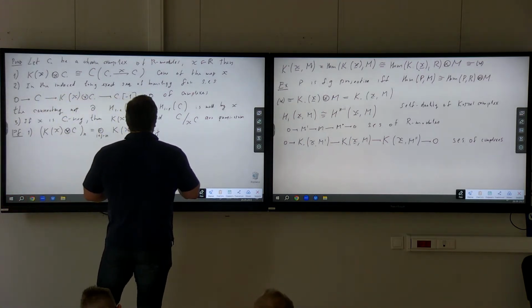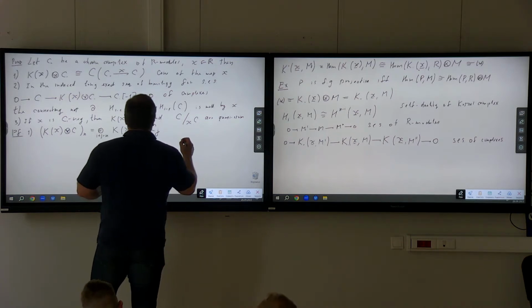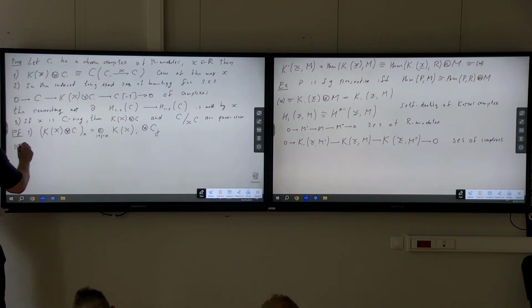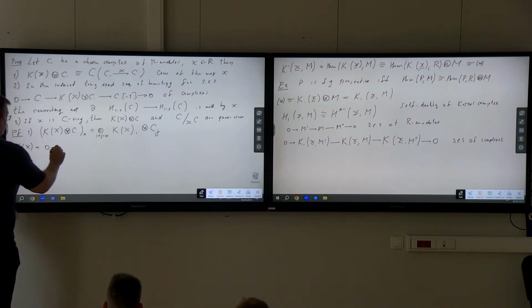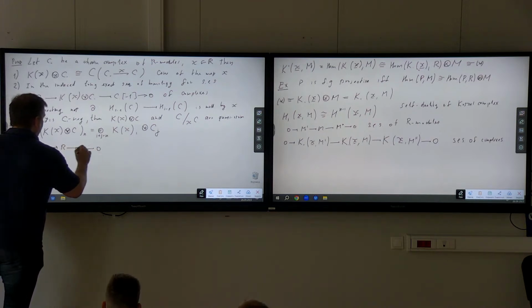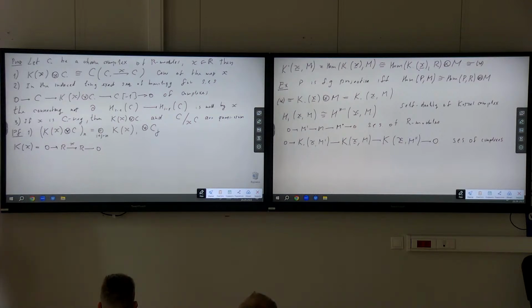But here we can notice that if we write this Koszul complex for one element, it is a very simple complex that looks like this. You have the ring in degree 0, the ring in degree 1, and the map is just multiplication by x.